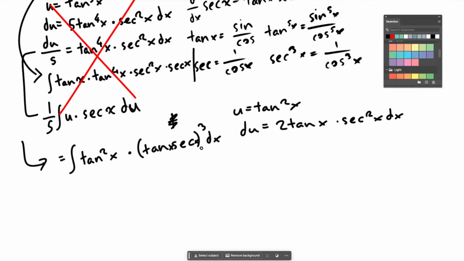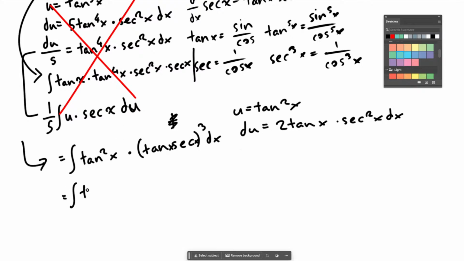No, but the problem is we're left with a tan squared x and a secant x. Wait, we're left with the... Wait.